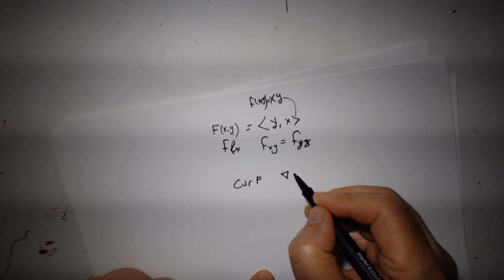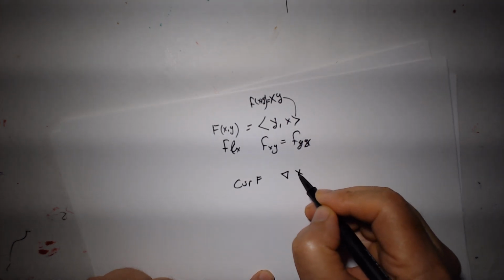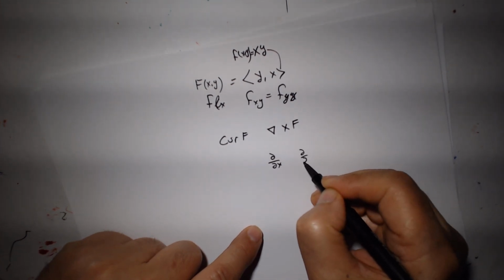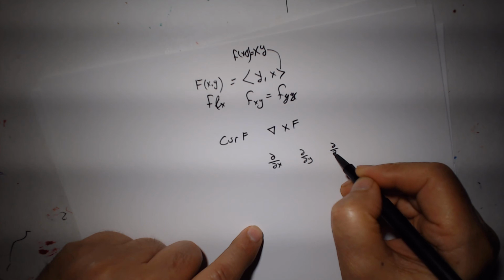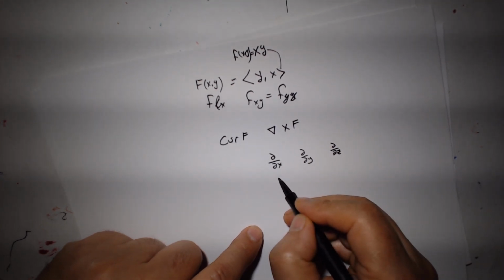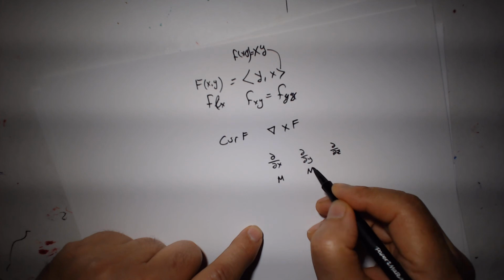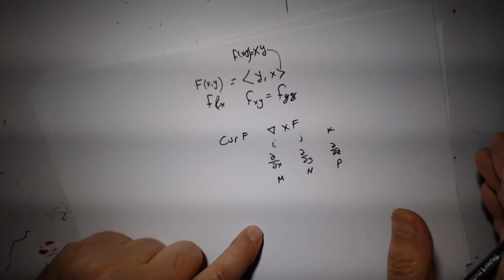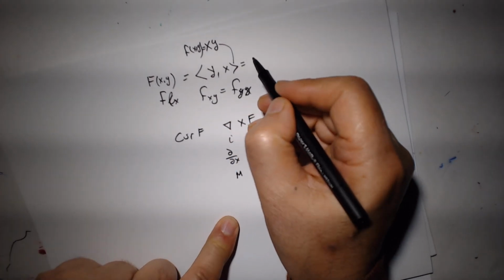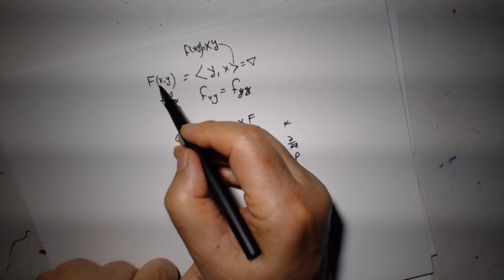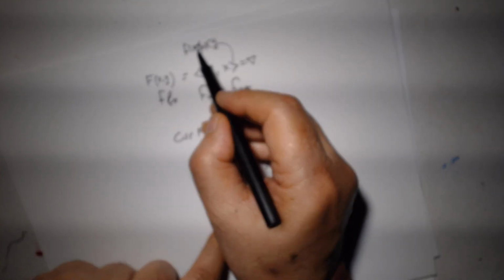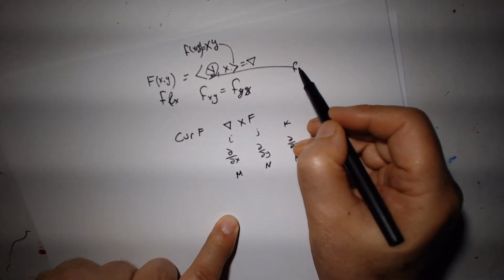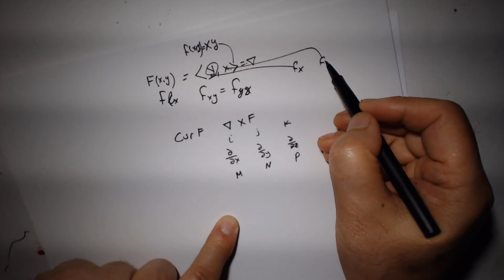For the curl, you take the operator, partial x, partial y, partial z, and cross it with the vector field. This is your m, the x component, n, the y component, and p, the z component. If the vector field is a gradient of some multivariable function, then these are already partial derivatives with respect to x and with respect to y.